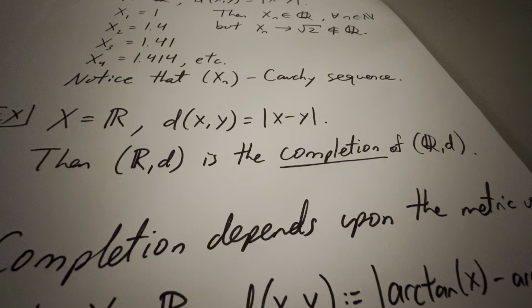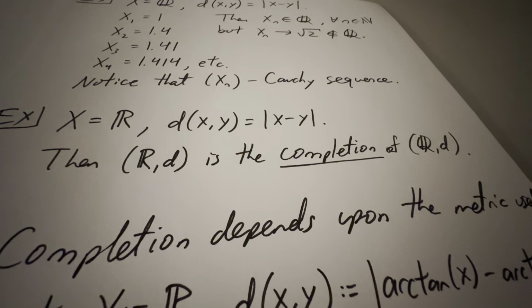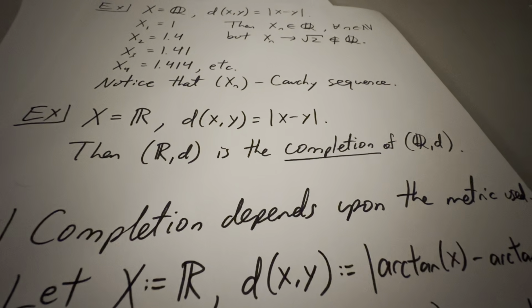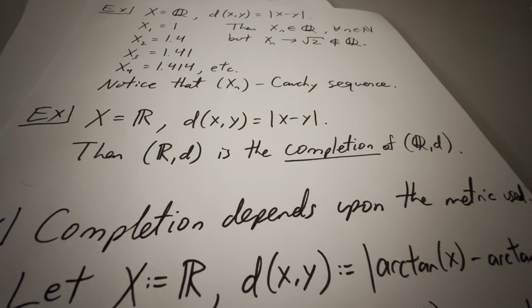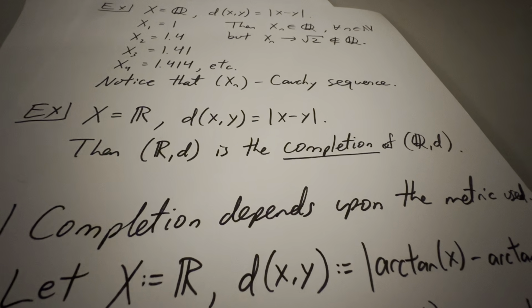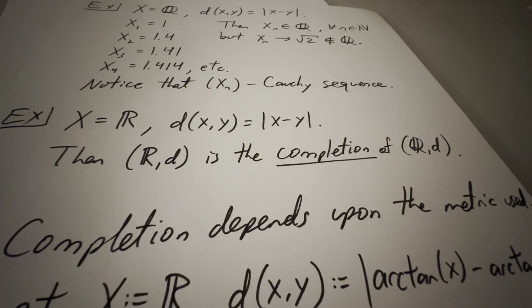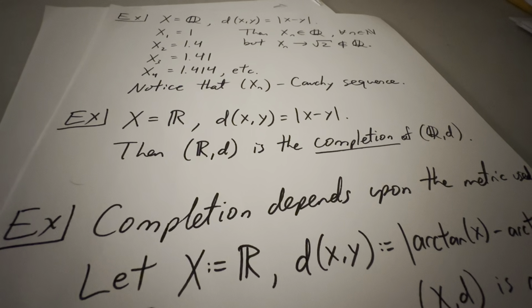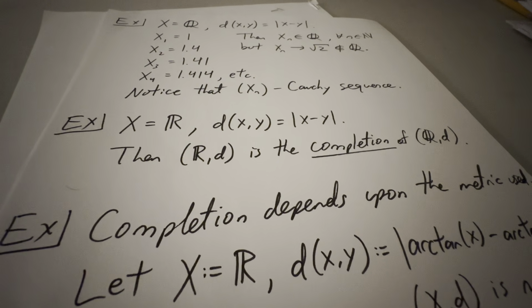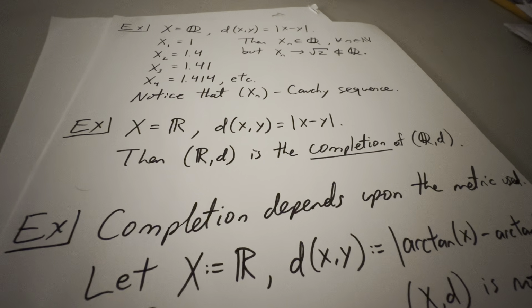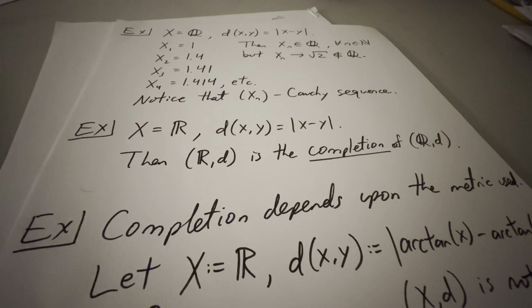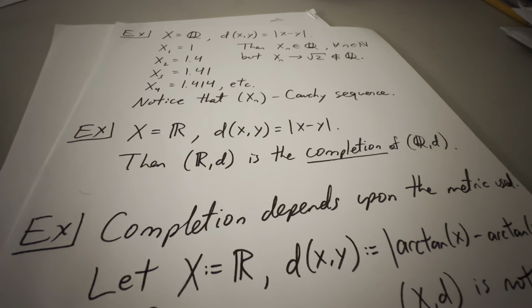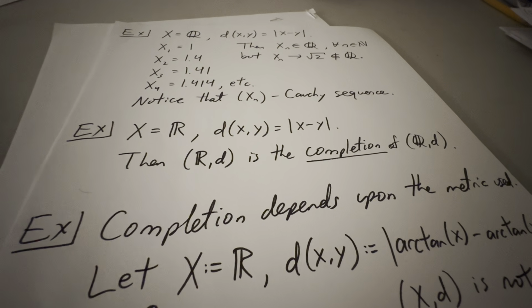Completion. There's a famous theorem called the completion theorem, which takes like 3 pages to prove. The statement is simple, though. Given a metric space X, a complete metric space X star is called a completion of X if X is a subset of X star and the closure of X equals X star.